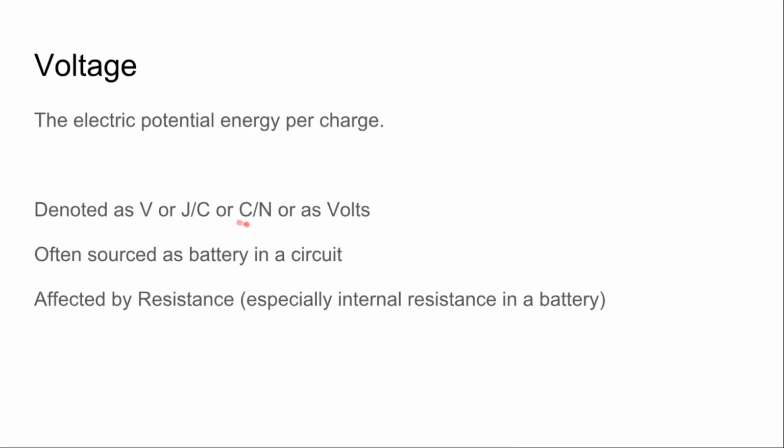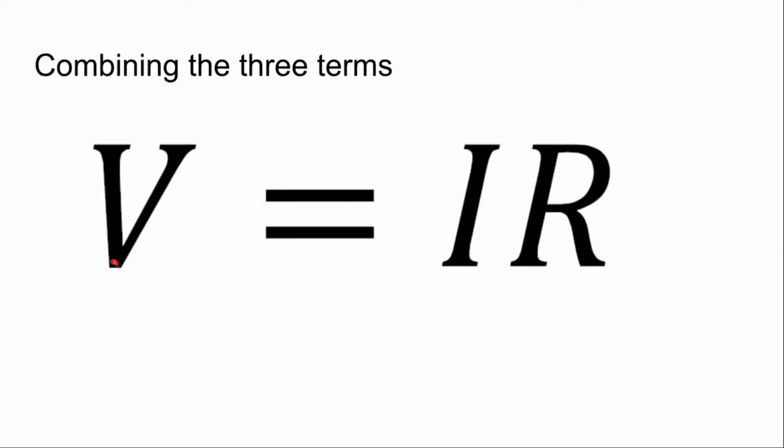Combining the three terms together gives the equation V equals IR, which says that voltage is equivalent to the effects of current and resistance. And if you need to solve for one or the other, you can simply isolate the variable.